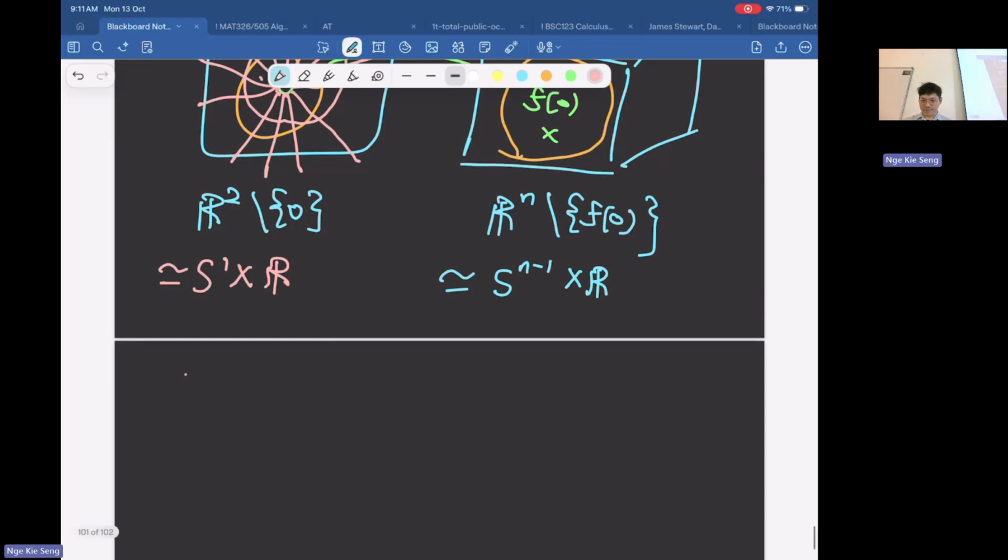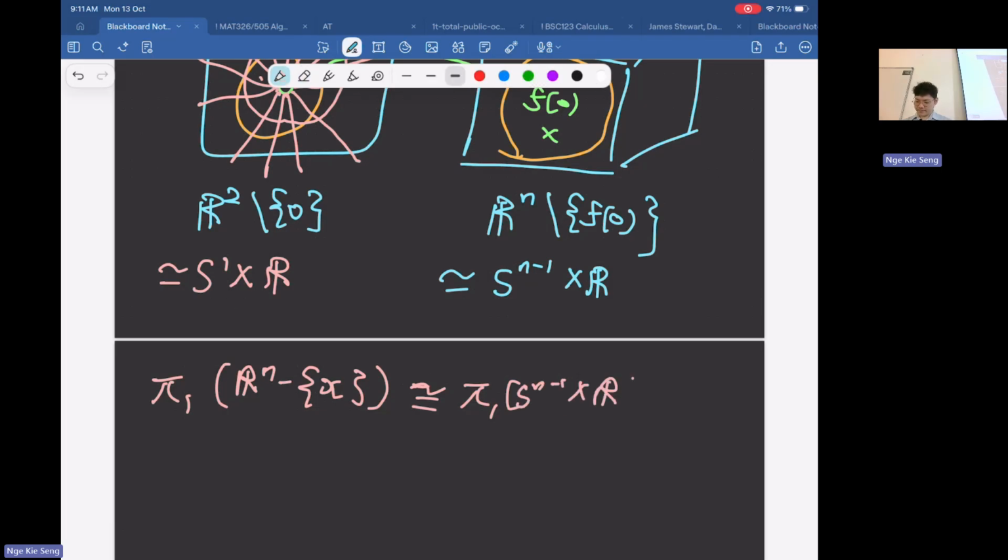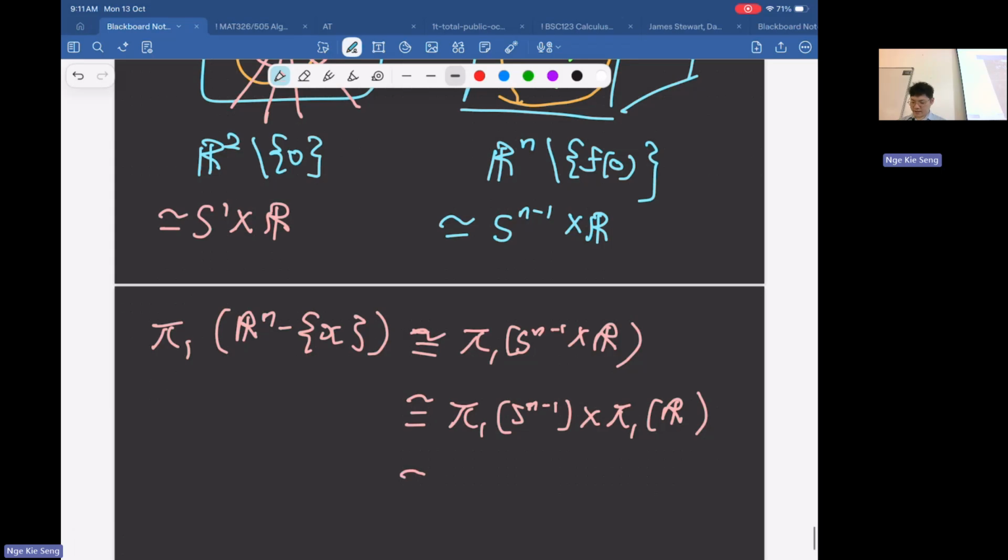So, pi one of Rn with a point thrown away is actually homeomorphic to pi one of Xn minus one cross R. But we know that the pi one of the product is the product of pi one. Which one? Okay, and then what do we know about pi one of Xn minus one here?